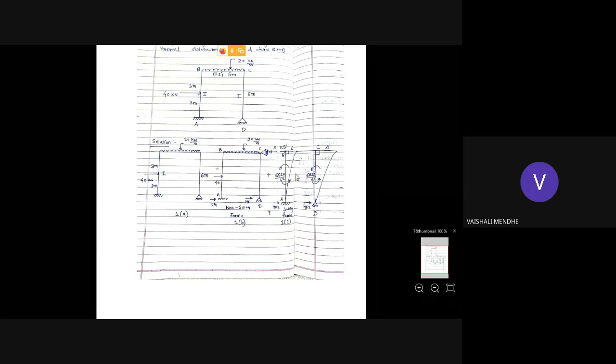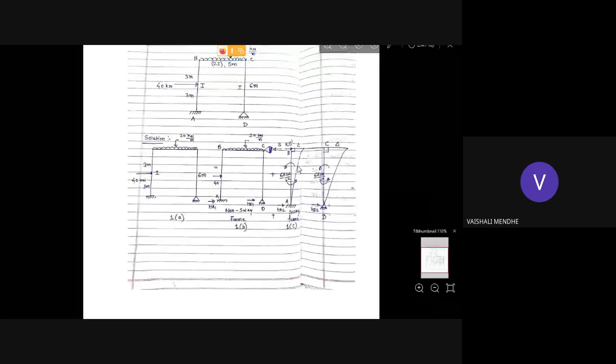So we have applied the sway force in the horizontal direction. You can see the figure here. This is a sway frame due to this force, that is S dash. Don't consider K here.